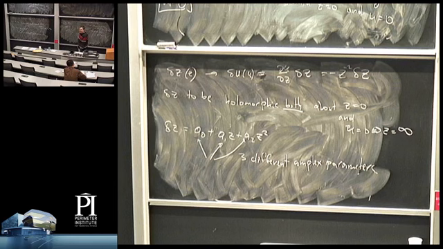It's only when I scatter more than 3 string states that I have to integrate the vertex operators over the surface of the sphere. All right, guys? Good.